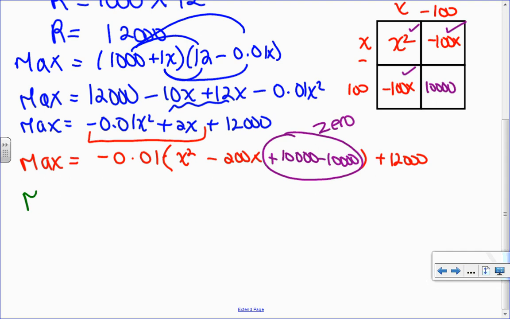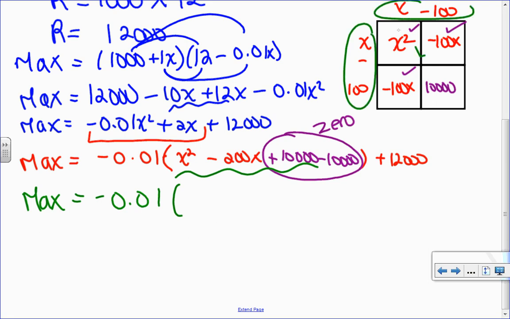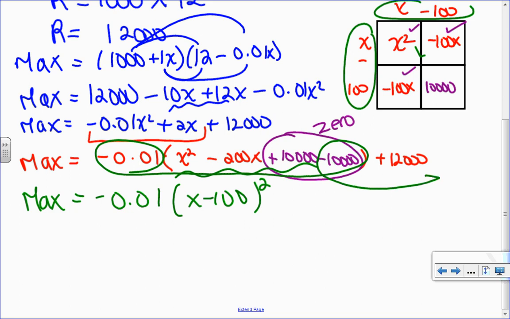So back over here, max revenue, negative 0.01. Let's factor our perfect square trinomial, which factors as x minus 100 times x minus 100, or x minus 100 squared. Now we have to deal with that negative 10,000, so let's take negative 0.01 times negative 10,000 out.